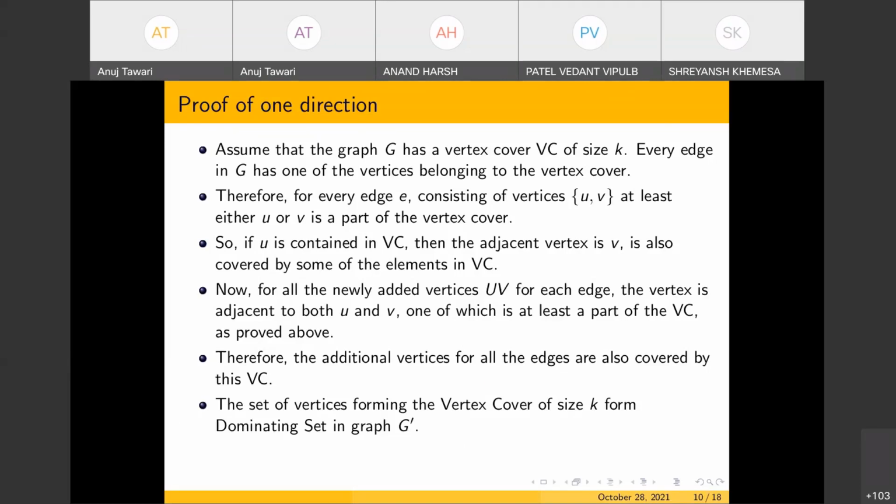Now we want to prove the other direction, which is that a dominating set in this new graph will correspond to some vertex cover in the original graph. In fact, not just a vertex cover, it is a small vertex cover.